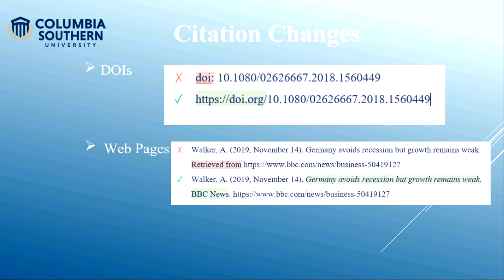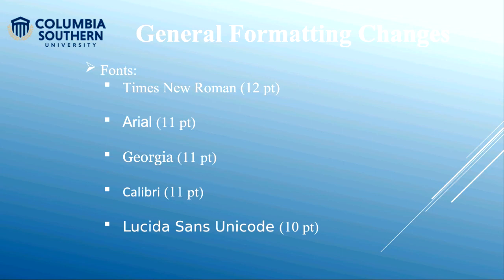Let's look at just some general formatting changes. Again, you now have some additional font options. You can use Times New Roman at 12 point, Arial at 11 point, Georgia at 11 point, Calibri at 11 point, and Lucida Sans Unicode at 10 point.